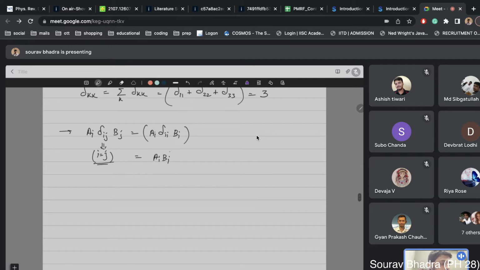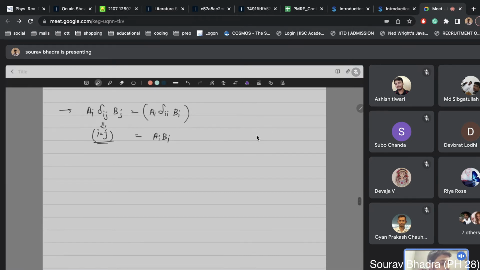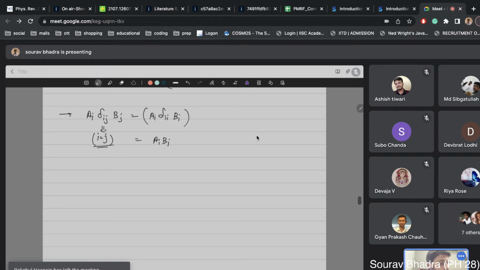So that is the answer of ai delta ij bj. Actually it can be written in a different way also. So ai bi means, according to the Einstein summation, a1 b1 plus a2 b2 plus a3 b3. Whenever you get a repeated index, treat it like ai bi with summation over i.